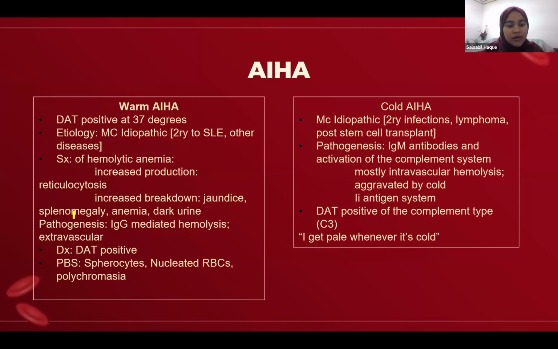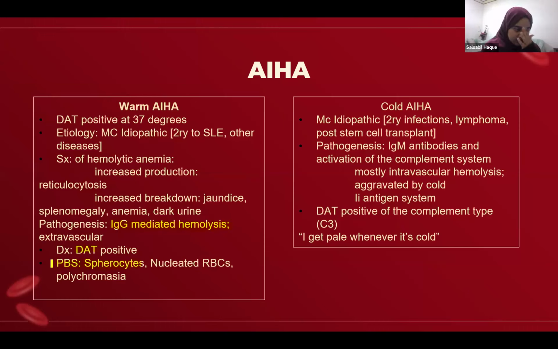Okay. Now, what happens is you have IgG-mediated hemolysis, okay? And this causes extravascular hemolysis. On peripheral blood smears, you would see spherocytes, you'd see nucleated RBCs, polychromasia. This is why direct antiglobulin testing is very important, and PBS is not, what do you call it?